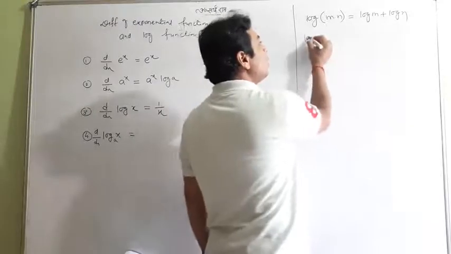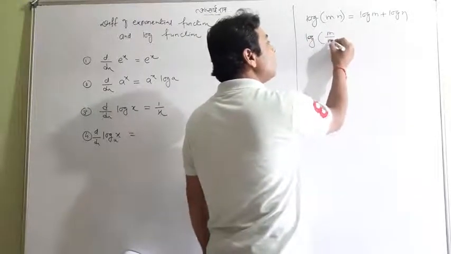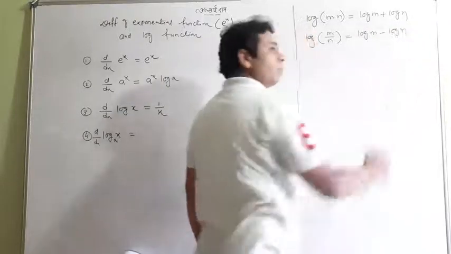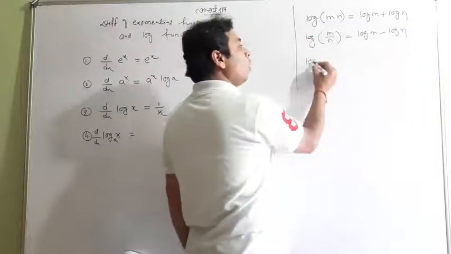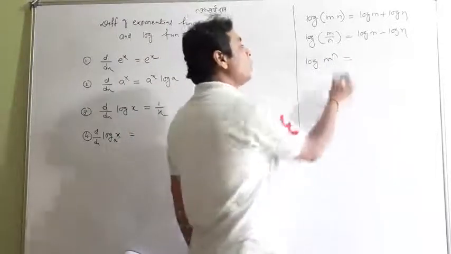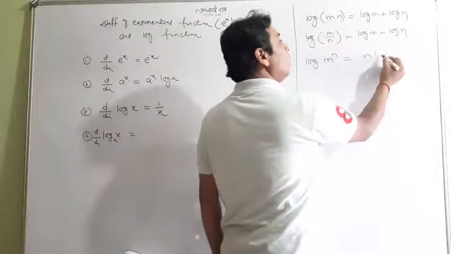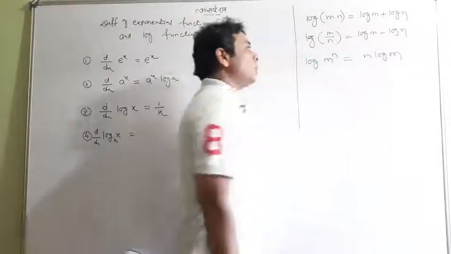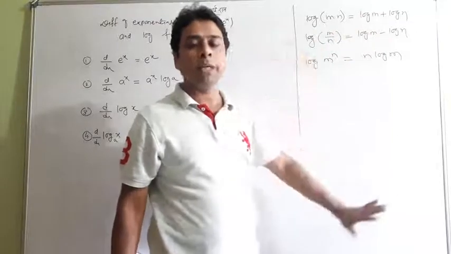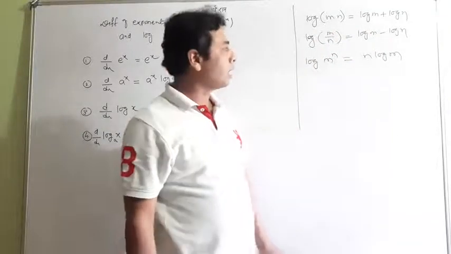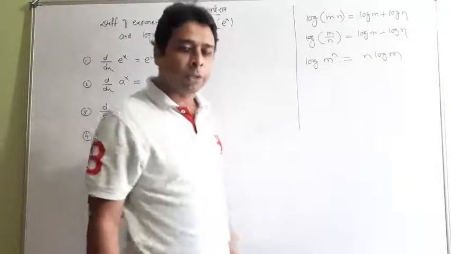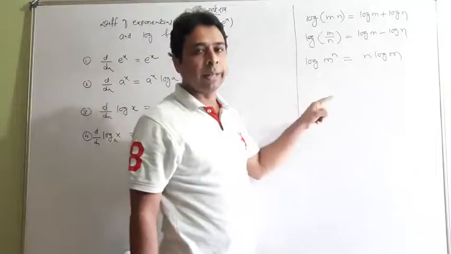When log of m by n comes somewhere, this separates into a minus sign. When under the log of m you have any power n, this n comes in front, so the value will be n log m. These three are very fundamental but important math formulas under the log, because this year we have a lot of study of the logarithmic function. That's why we should know all these formulas.